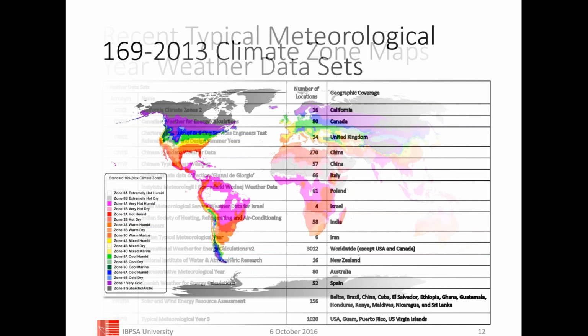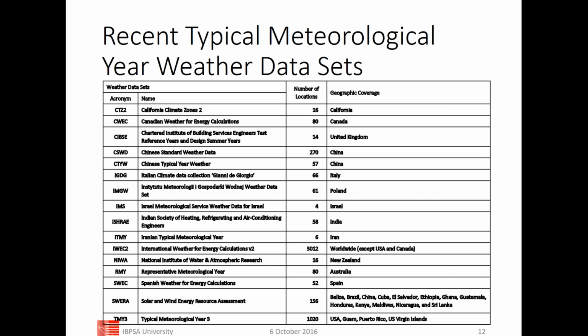As far as typical meteorological data sets, Chip mentioned TMY3, typical meteorological year 3 data, which you'll see at the bottom. That is one of the most commonly used in the US, but you see there are data sets available throughout the world. California has its own data set, now updated to include 80 locations.